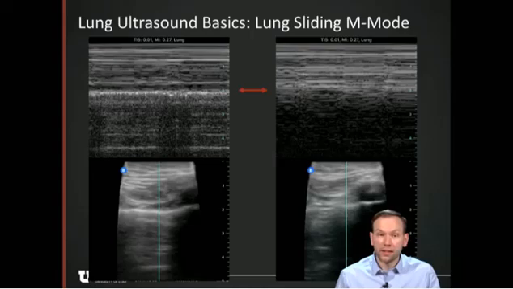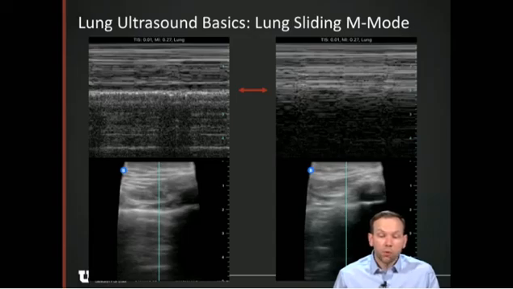And so you get this wave effect. Below the pleura, which is represented by the red arrow, you can see that we have what would be thought of as sand on the beach, and that's kind of that fuzz. It's almost like TV static, which is that shimmering artifact of the air interfaces that normal lung generates.